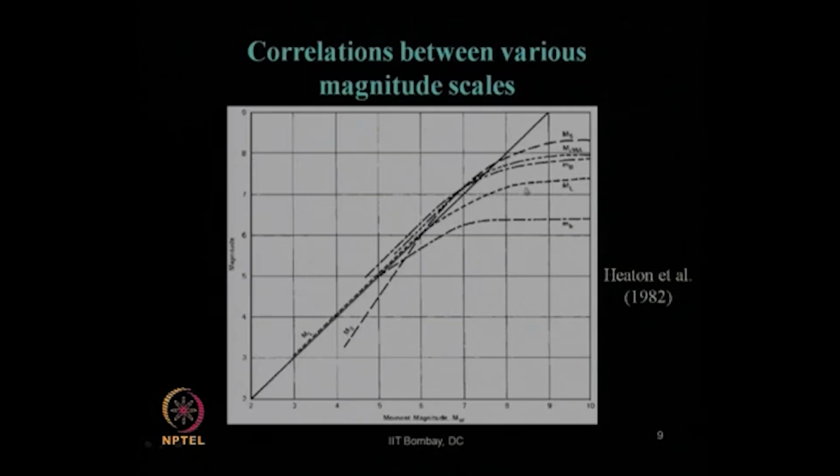So, that magnitude saturation problem can be seen easily here, but in absence of any particular data, suppose at a location you are not able to estimate MW quickly, in that case you can use your local or Richter magnitude scale like ML and use this correlation chart to obtain the corresponding value of your moment magnitude for further design or calculation or analysis.